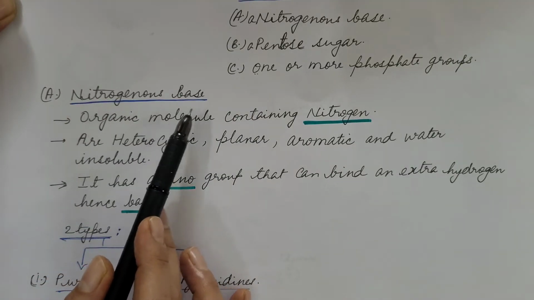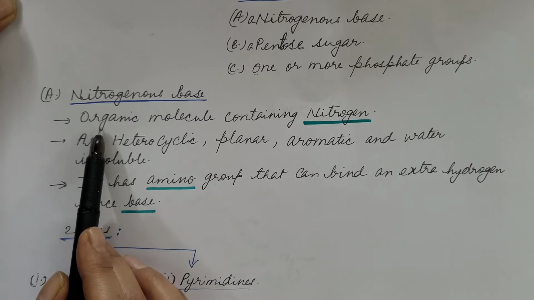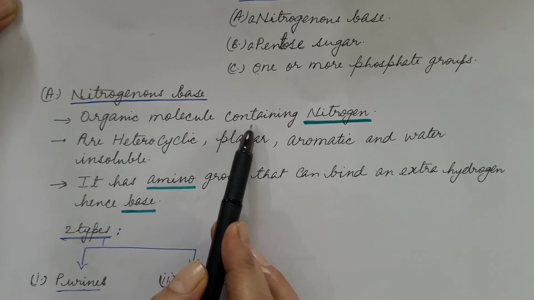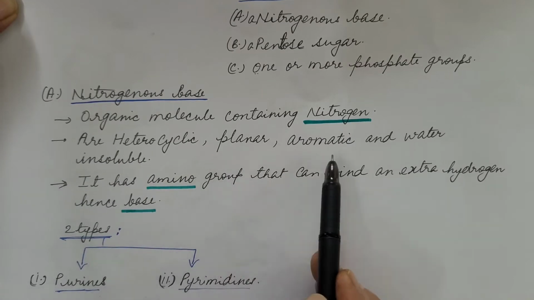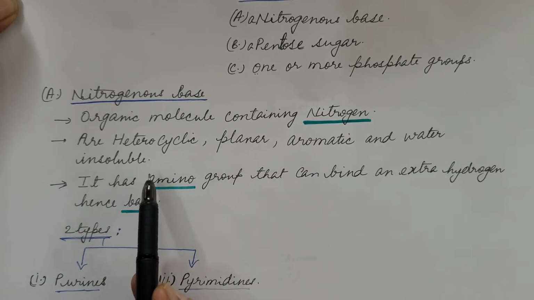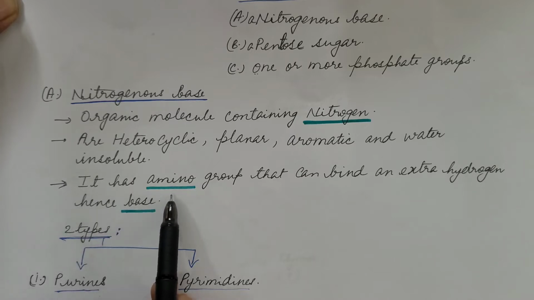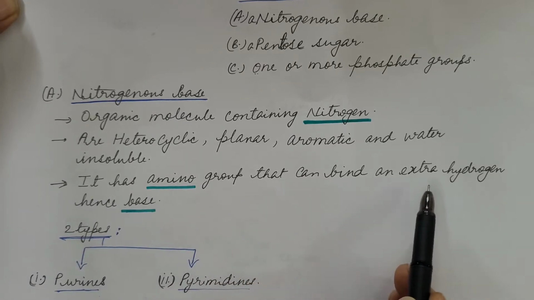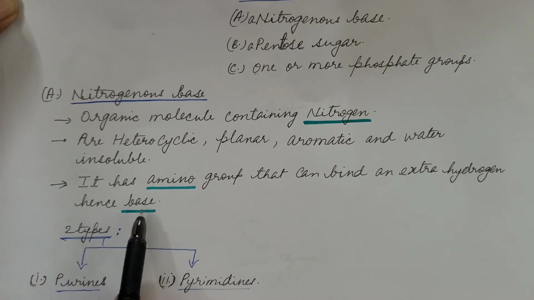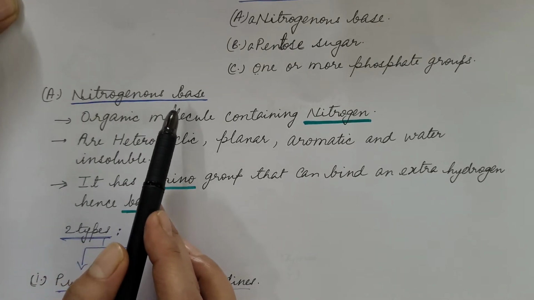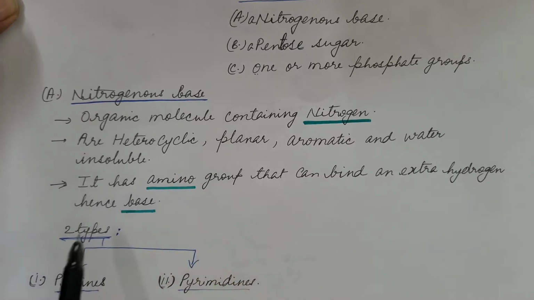First is the nitrogenous base. It is an organic molecule which contains nitrogen. It is heterocyclic, planar, aromatic and water insoluble. It has an amino group that can bind an extra hydrogen. Hence, it is a base. So, it is called a nitrogenous base.